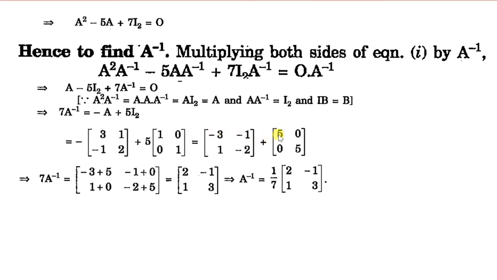First A11: minus 3 plus 5. Similarly, minus 1 plus 0, 1 plus 0, and minus 2 plus 5. So you get 2, minus 1, 1, 3. So from this you can find A inverse as 1 by 7 of this matrix. That's all for today. Thank you.